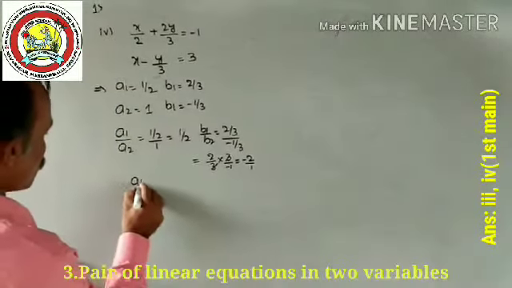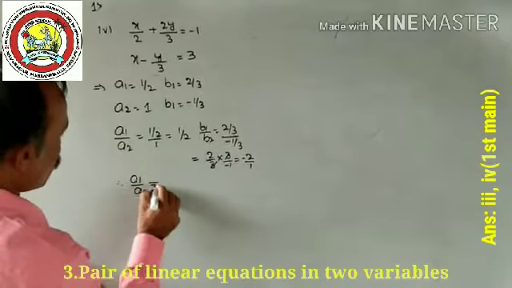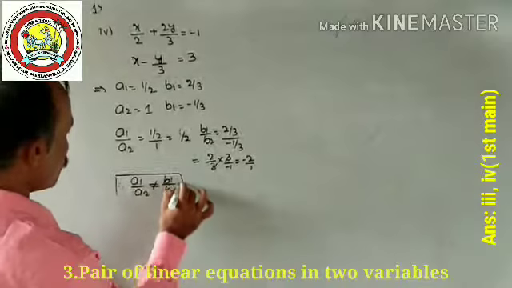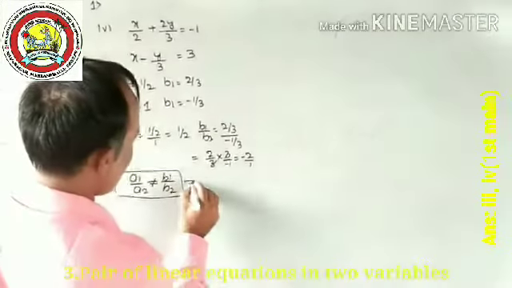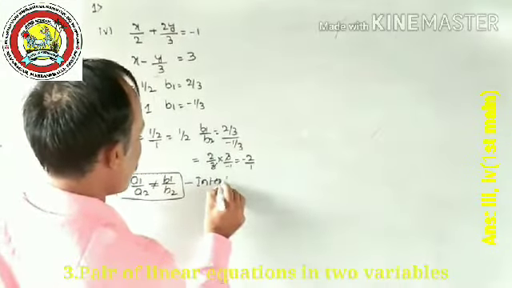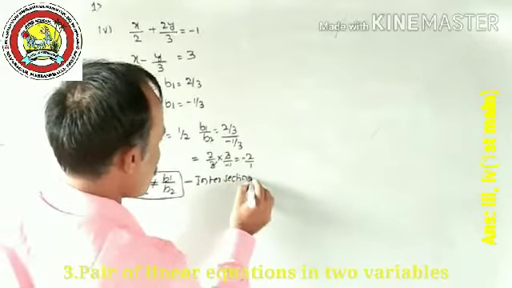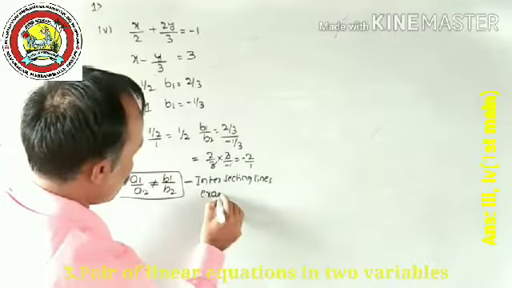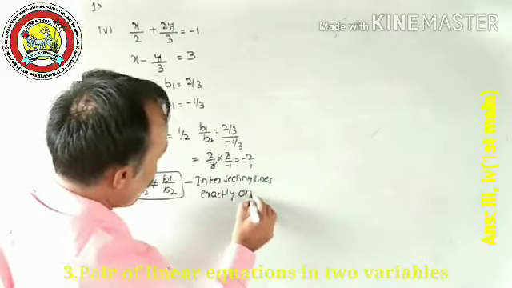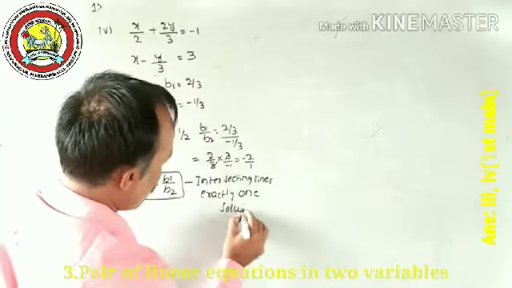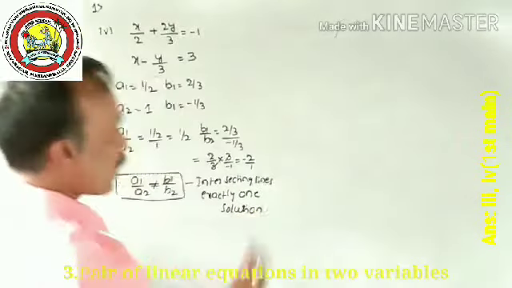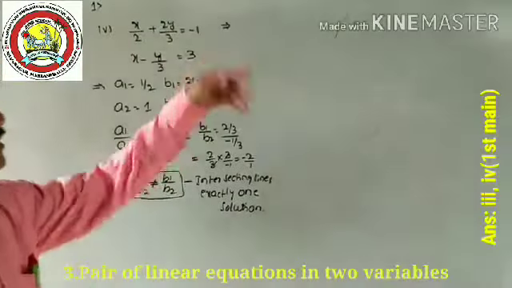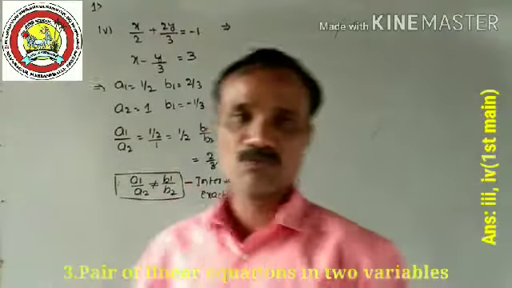Therefore clearly a1 by a2 is not equal to b1 by b2. As usual, the lines are intersecting. What about the solution? Exactly one solution.